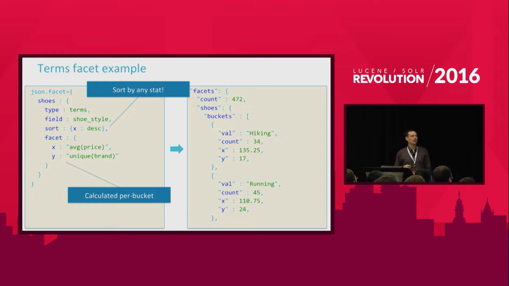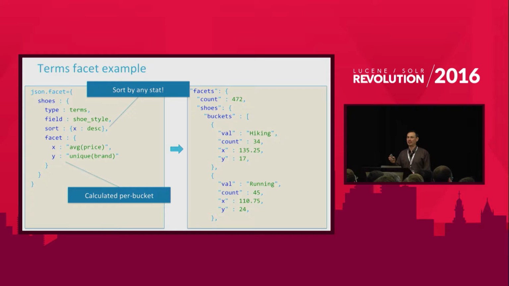So the terms facet is really what we think of more as faceting. The terms facet basically defines buckets by unique values or terms in a field. In this example, we define a shoes facet, and the type is terms on the shoe style field.